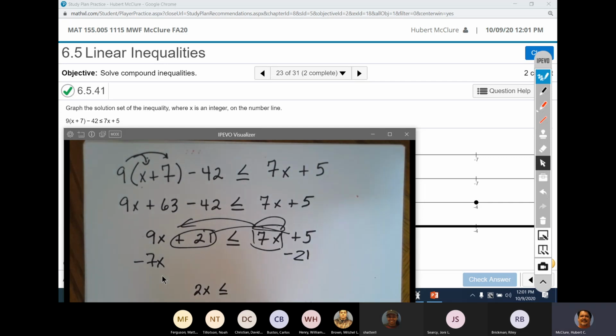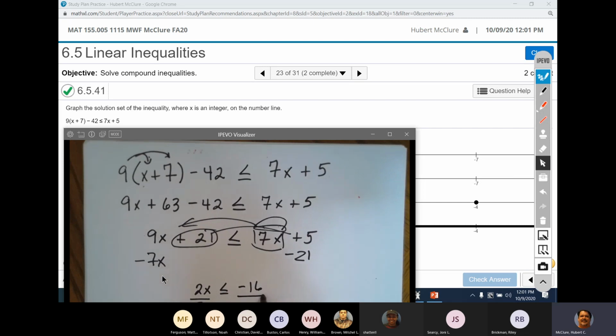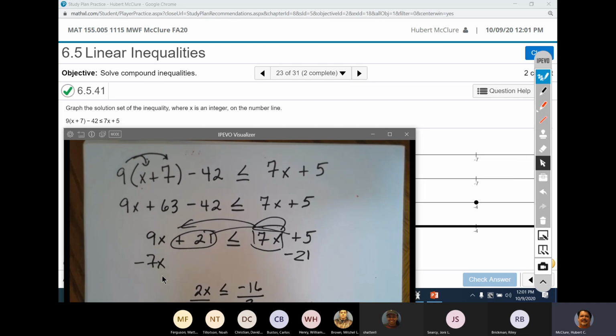And 5 minus 21 is negative 16. So there's my braces. X such that, and you just plug that number back in here. So that's x less than or equal to negative 8.